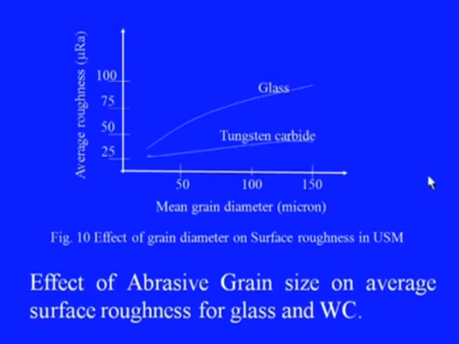The next parameter is the mean grain diameter. This we have already discussed, but let us see how this grain diameter parameter, or the abrasive size, matters. Mean grain diameter indicates the size of the abrasives, and as the size of the abrasive increases, the average roughness obtained on the machined surface also increases. That means the surface quality becomes poorer.